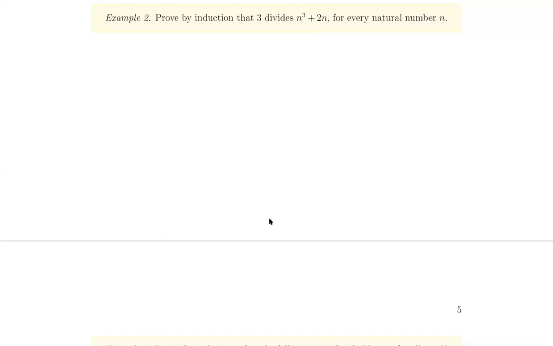You'll be happy. They can give you really hard induction questions. P(n) equals n cubed plus 2n is divisible by 3. Where did you get n? Oh, I see.